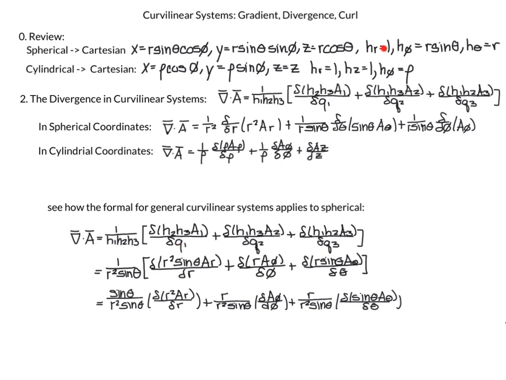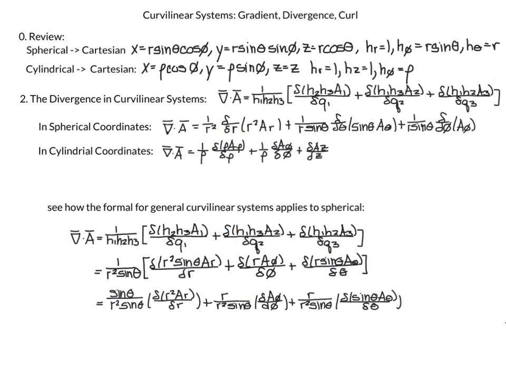So that's the r coordinate. So I'm going to take h2 and h3, so the things that are not the first coordinate, but the second and third. So that'll be r sine theta and r. So that's going to be r squared sine theta, that's this here, times my r coordinate of my a vector, partial derivative with respect to r.